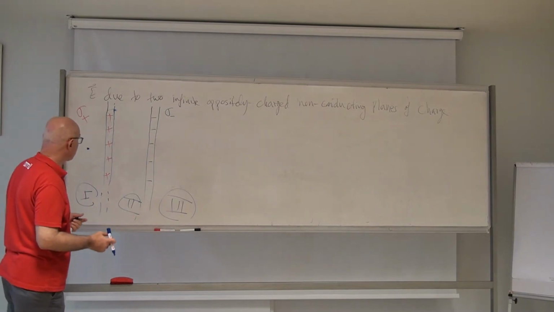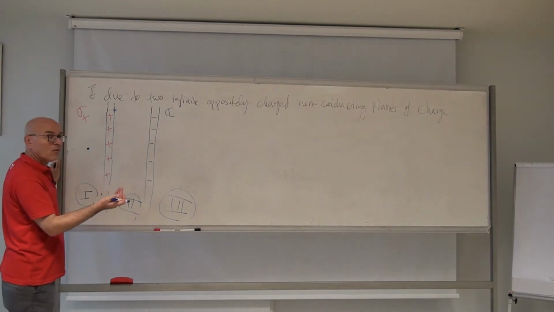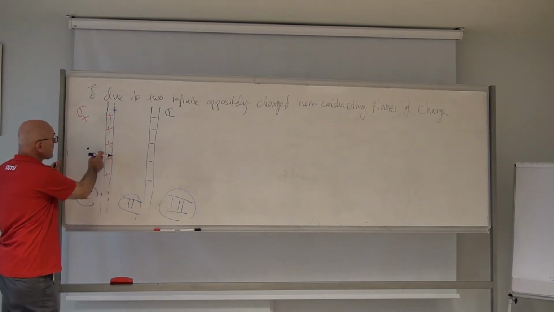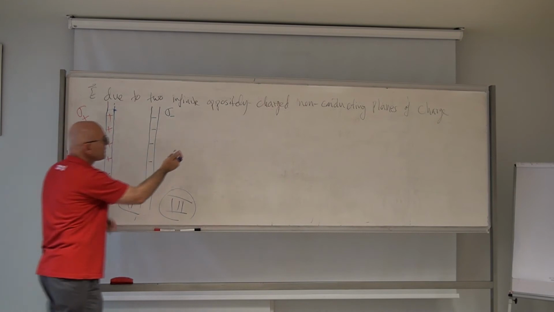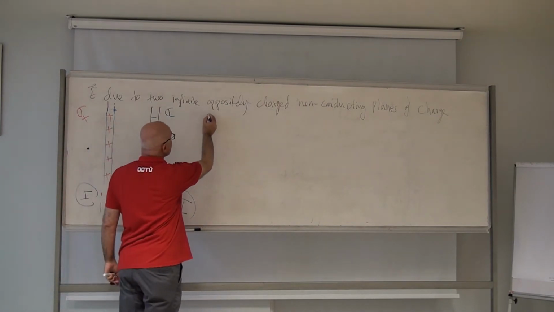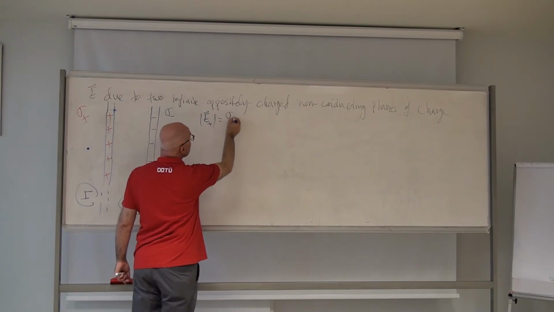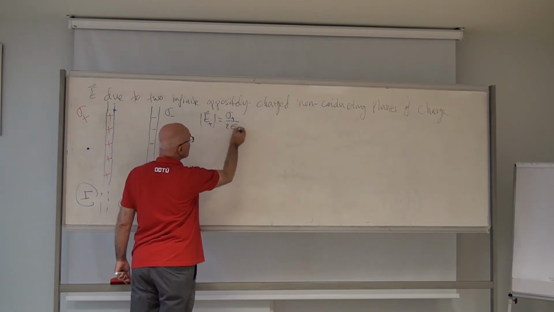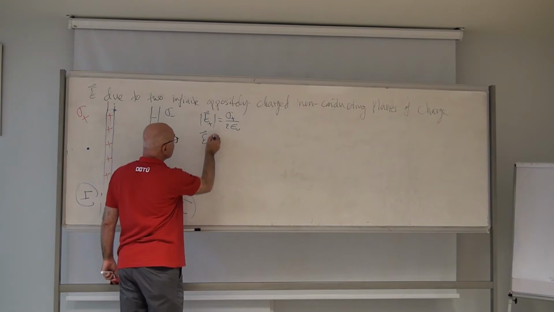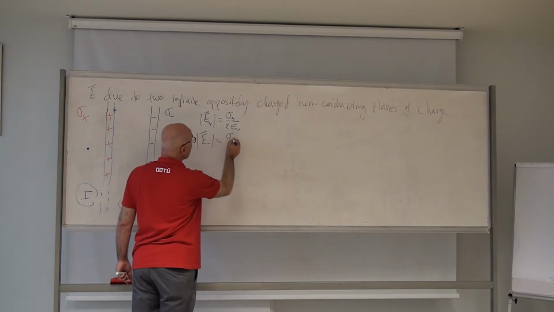So let's proceed. We know what the electric field is. I know that E plus is equal to sigma plus over 2 epsilon naught, and E minus is equal to sigma minus over 2 epsilon naught.